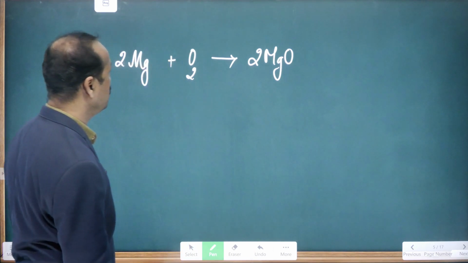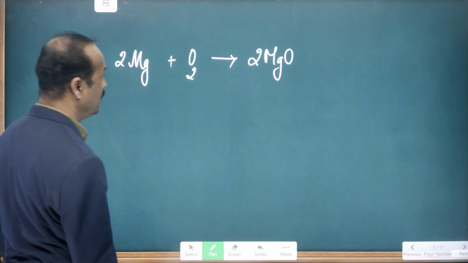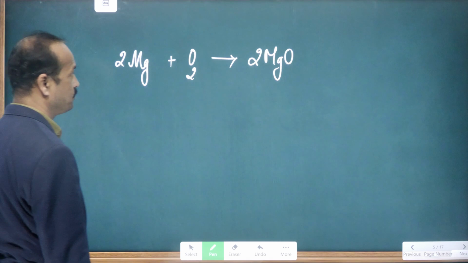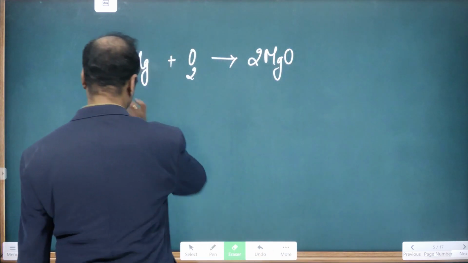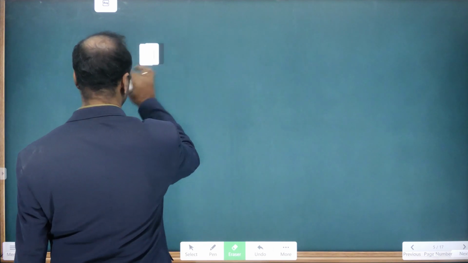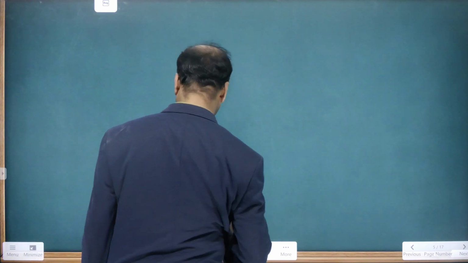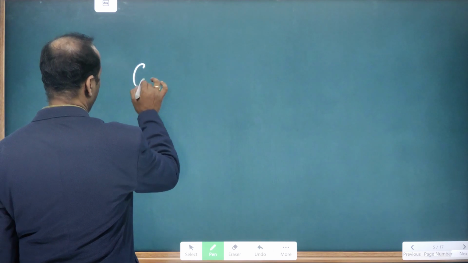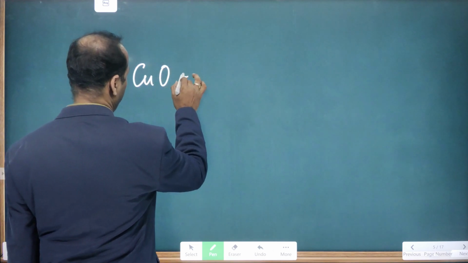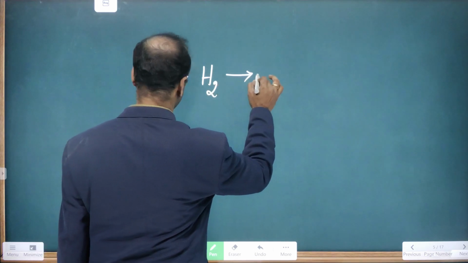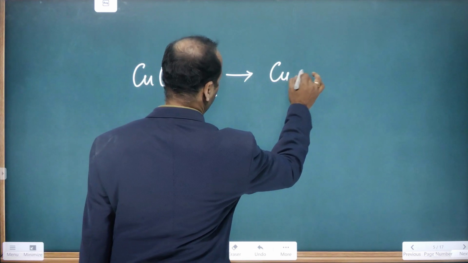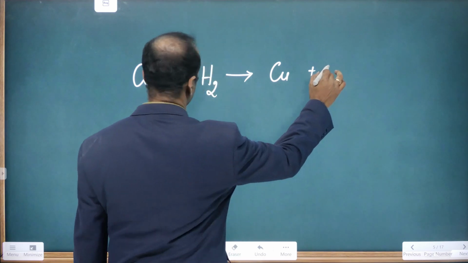Otherwise we can take one more simple reaction, which you can understand easily. We take copper oxide. When hydrogen gas is passed through copper oxide, it forms copper plus water, H2O.